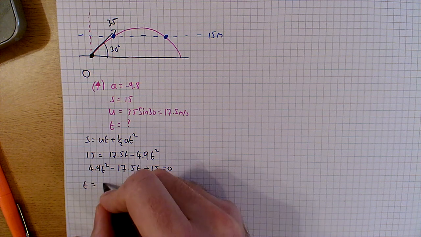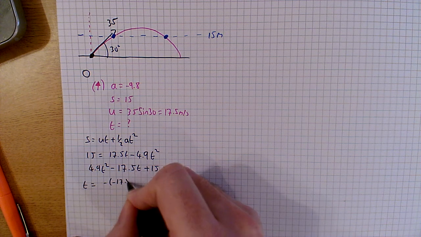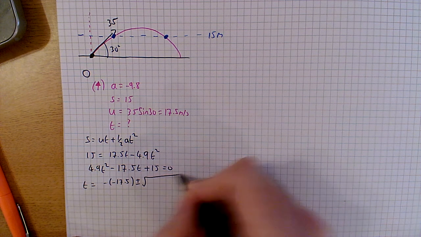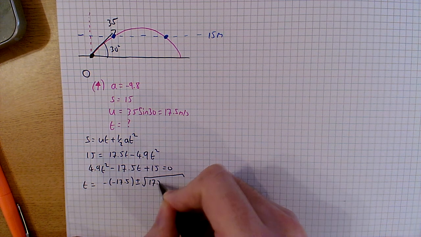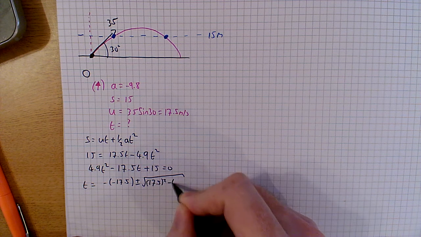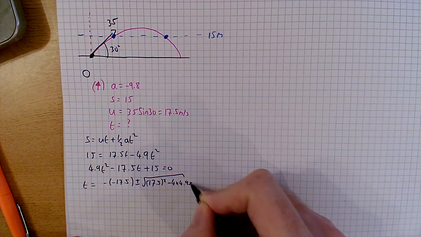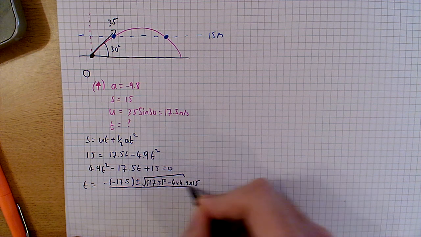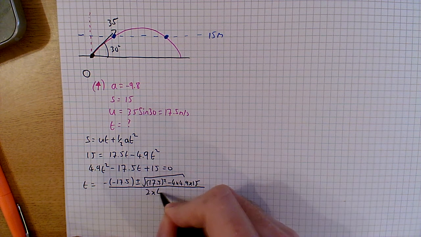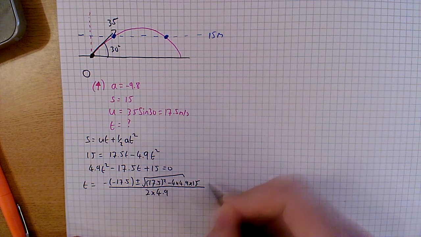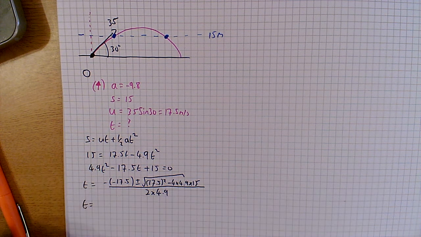T equals minus 17.5 plus or minus the square root of 17.5 squared minus 4 times 4.9 times 15, all over 2 times 4.9. And obviously we can get a little bit of assistance here by not actually using the formula, but by instead using the equation solver function on our calculator.